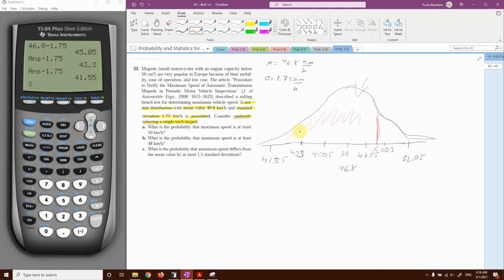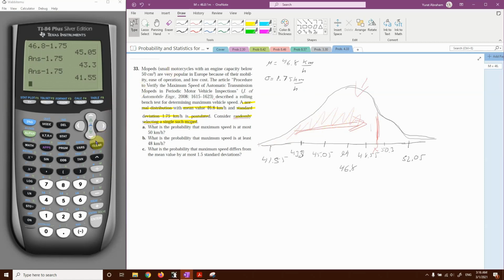But I'm just going to be working with the more typical calculators, which read from left to right. So I'm going to find the probability from the left side to the right side, which is pretty much what they're asking us.